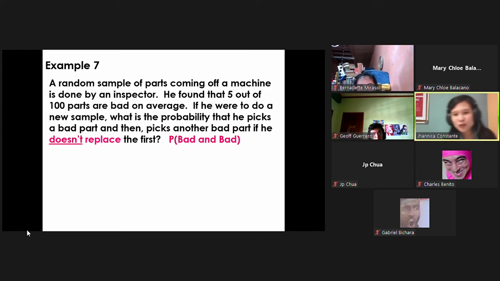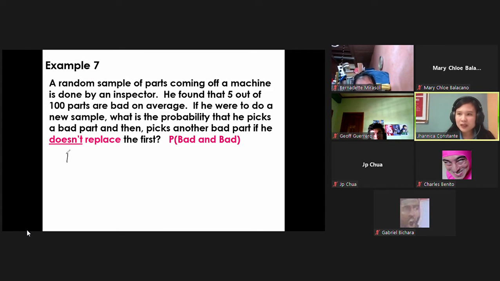So according to the problem, we have the parts from the machine. And meron 5 out of 100 parts being defective. So what is the probability that we will get a defective part and then get another defective part?